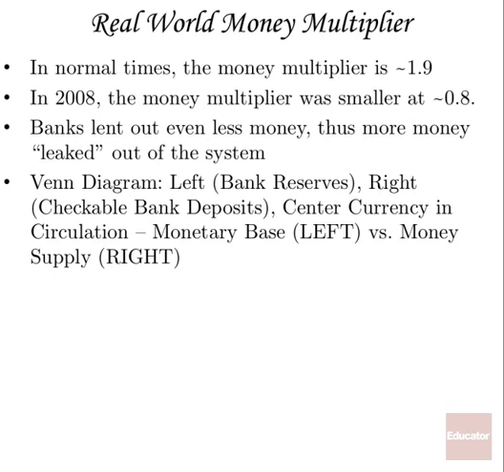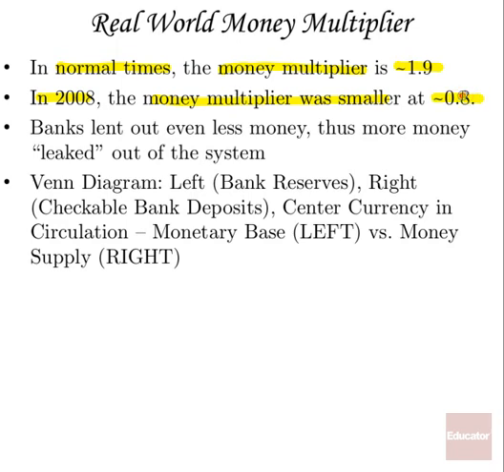What they found is that in normal times, basically in non-Great Recession times, the money multiplier was closer to 1.9. A far cry from the 10 that you get from the formulas. In 2008, the money multiplier was smaller, estimated to be 0.8.